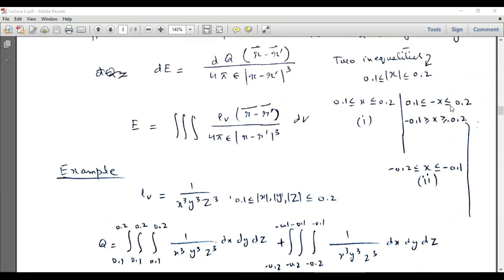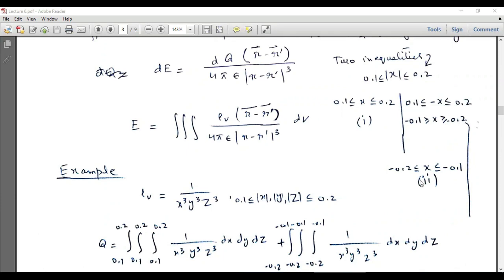Now we have to multiply this inequality with a negative sign, so it will become minus 0.1 and minus 0.2, this will become x, and the signs of inequalities will become opposite, so it will become greater than or equal to, and this will also become greater than or equal to.